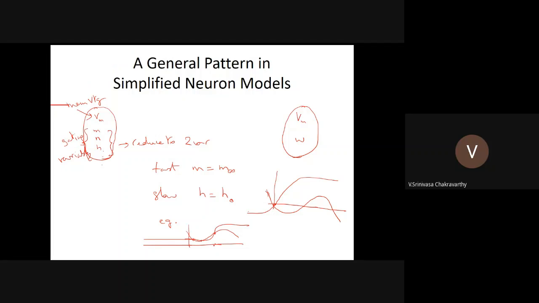In the next class, we will take this agenda further and introduce a certain standard two-variable neuron model defined by Izhikevich. In the three examples that we have shown, the exact equations are not the same.